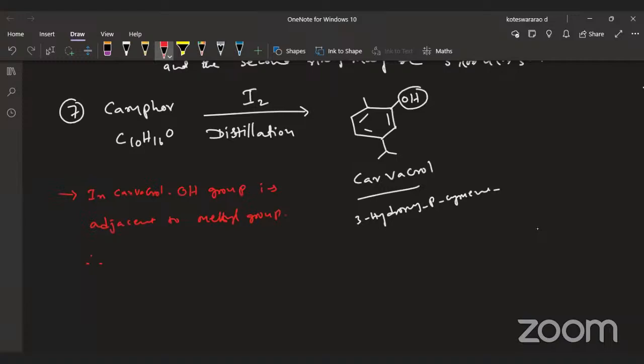Therefore, the keto group must also be adjacent to the methyl group, or at the alpha position to the methyl group, in camphor.